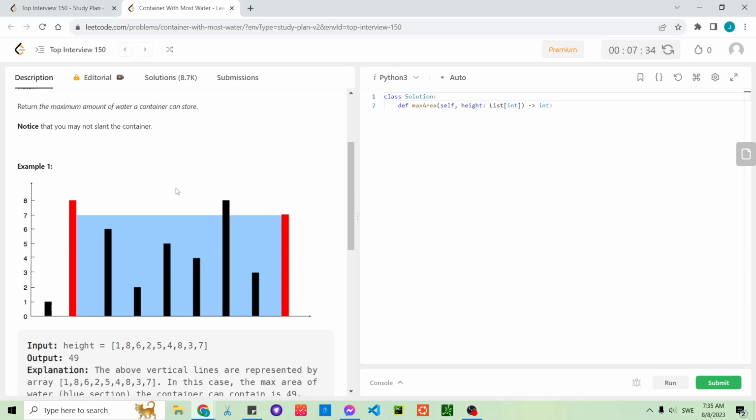So I think I have the algorithm, but I'm still not totally convinced that when we have the same height, it's exactly the same no matter which one you move. What if we had one that's higher? What if we had two that's higher? Let's say this is 9 and that is 10.